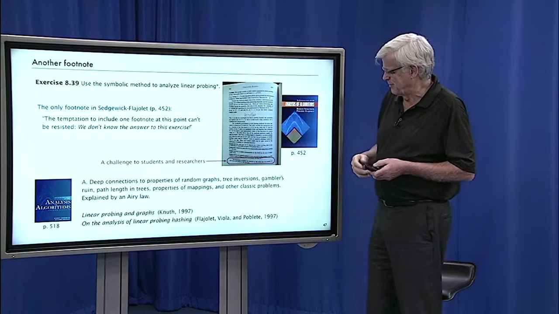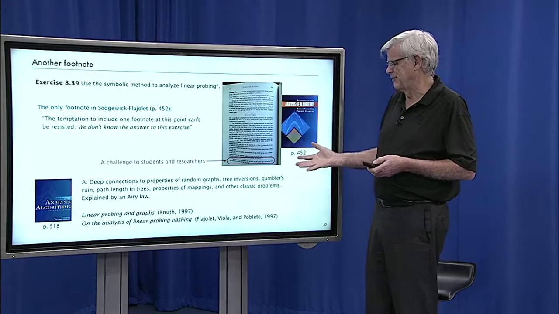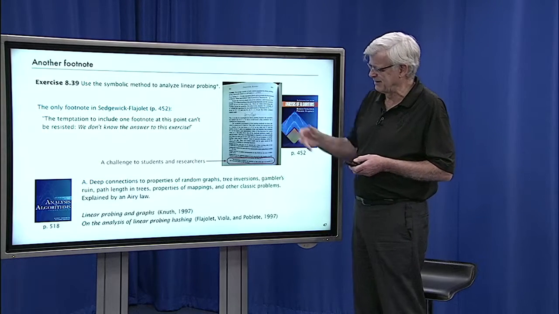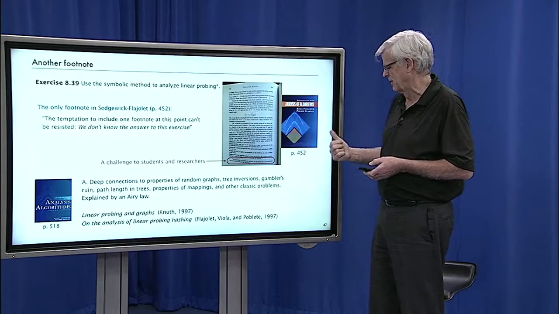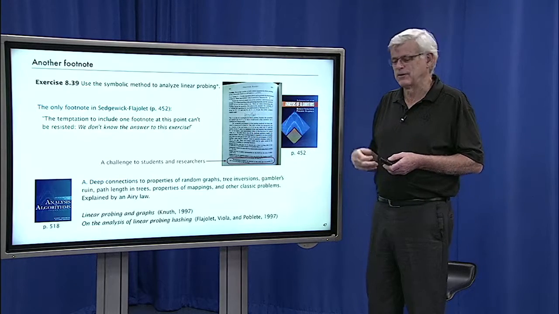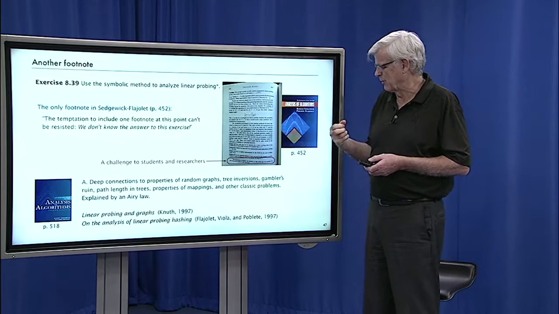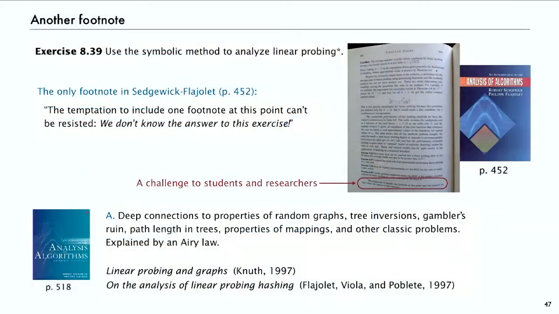It took some years, but eventually, and you can read about this in the 2nd edition of the book, it turned out this problem has very deep connections to properties of combinatorial objects like random graphs, the Gambler's Ruin problem, path lengths in trees, and many other classic algorithms.